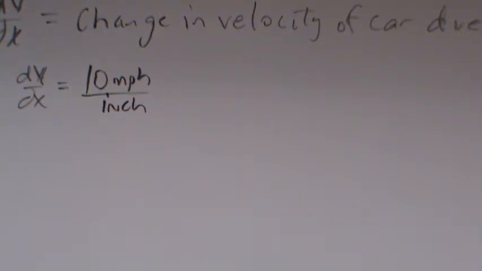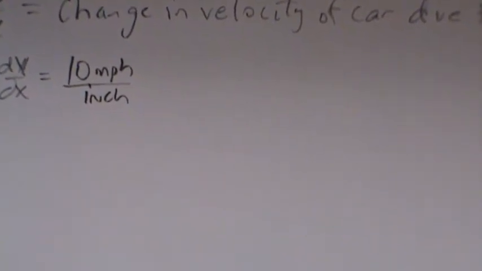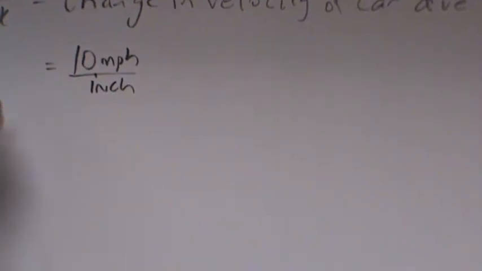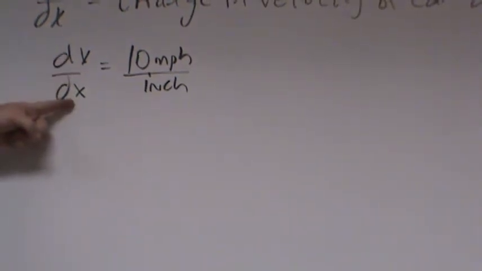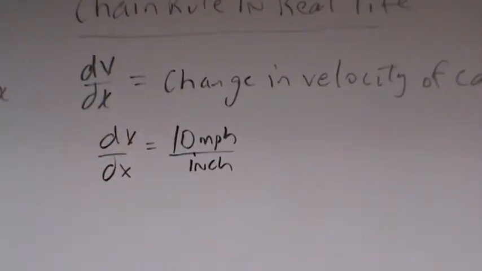I'm just making this up. Does that make sense? And that's the meaning of these dy dx's and dv dx's. They're saying, how much does this guy change due to a change in this guy? Well, if I depress it 1 inch, I go 10 miles an hour faster.